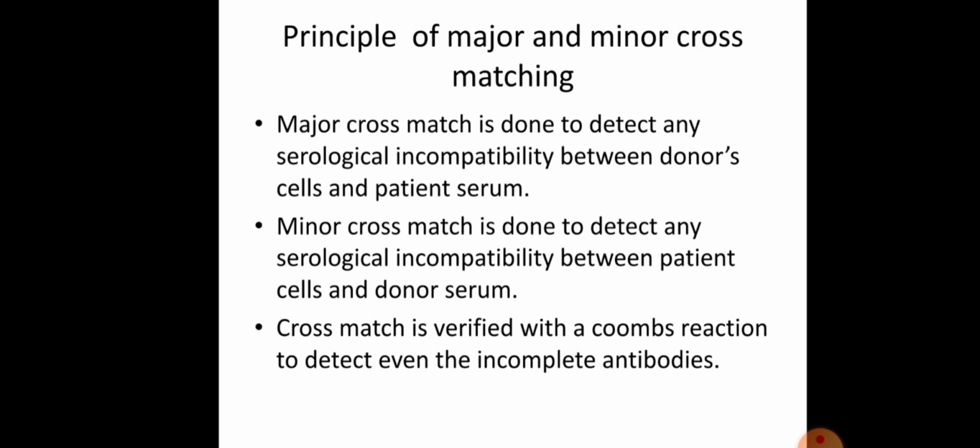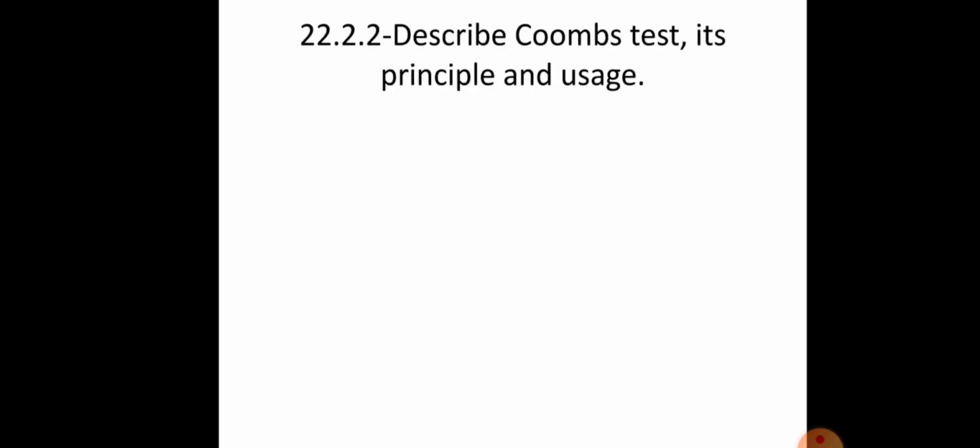The complete ones show agglutination at room temperature, they are IgM type, and saline will be enough for the agglutination. Whereas incomplete antibodies are IgG or another type of weak antibodies, and they need special media, that is albumin, cysteine, papain, or bovine albumin, and they need an incubation period to become stronger and to agglutinate. So that's why Coombs reagent or Coombs reaction is required.